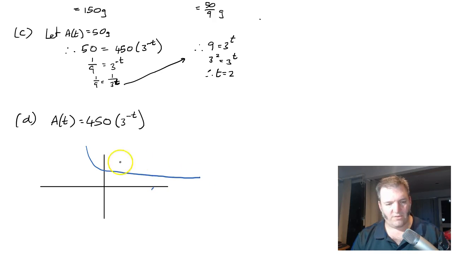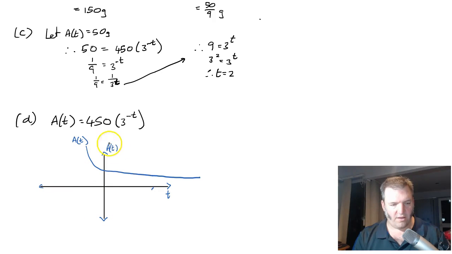It's going to decrease pretty quickly as I go to the right. So this is A of t. I've labelled that. This would be the amount. This would be time. Label my axes beautifully. That's A of t, and this is A of t equals 450 multiplied by 3 to the negative t. So we just have that general shape.